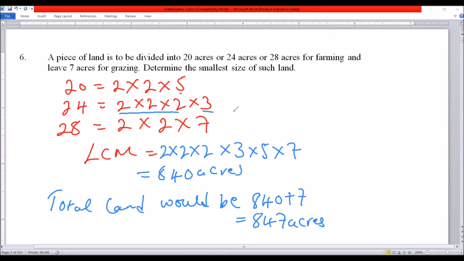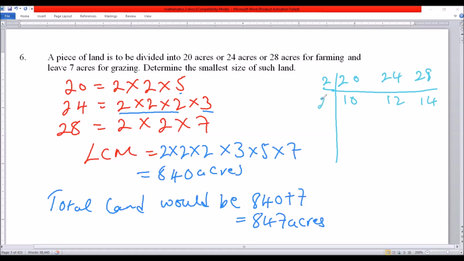Alternatively, you can also work it like this. You can have 20, you can have 24, and you can have 28. Let's make that table. You can divide by 2. This will give you 10, 12, and 14.